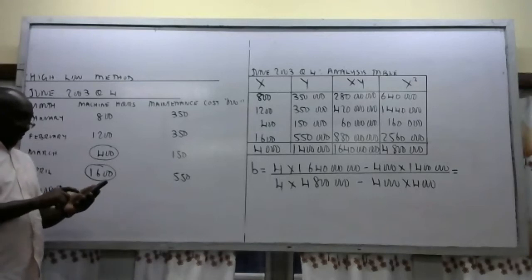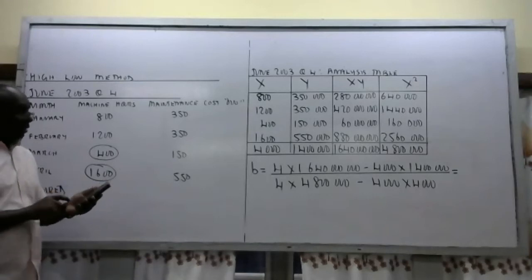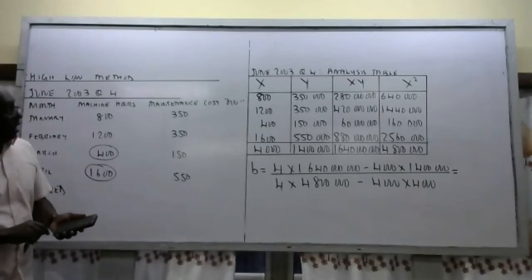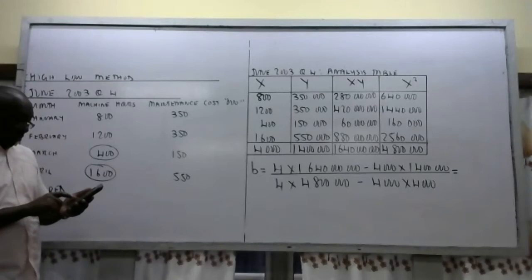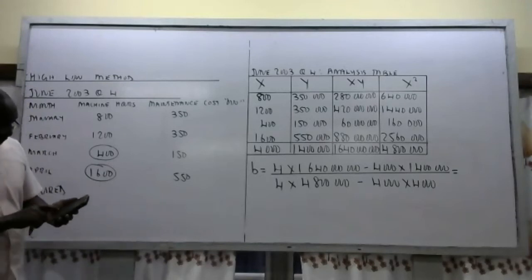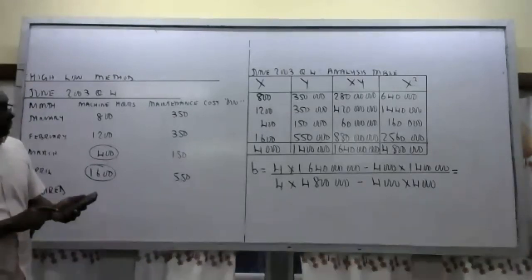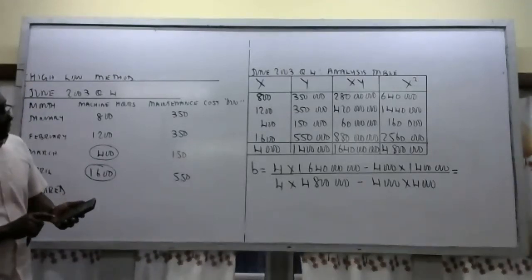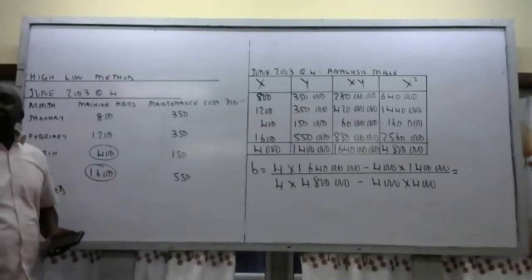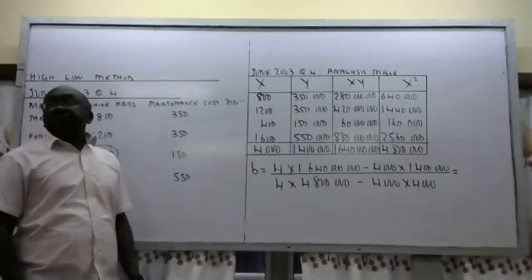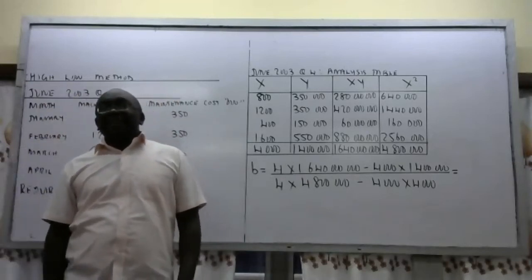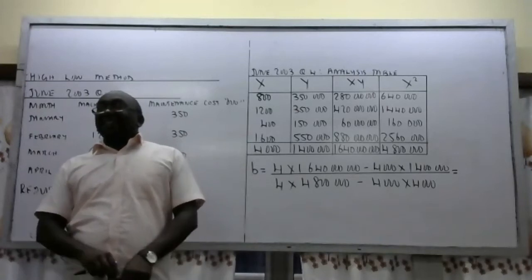So 4 times 1.64 exponential 7 minus 4,000 times 1.4 exponential 5. Close the brackets equals. What is the answer?